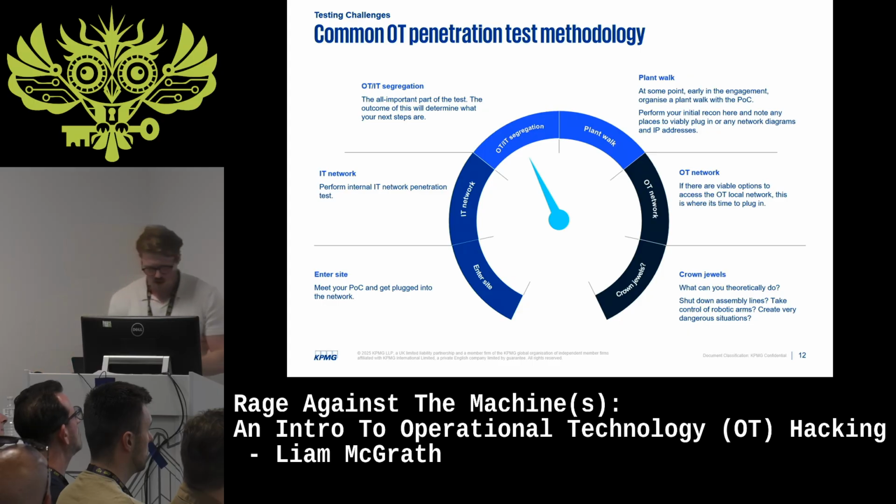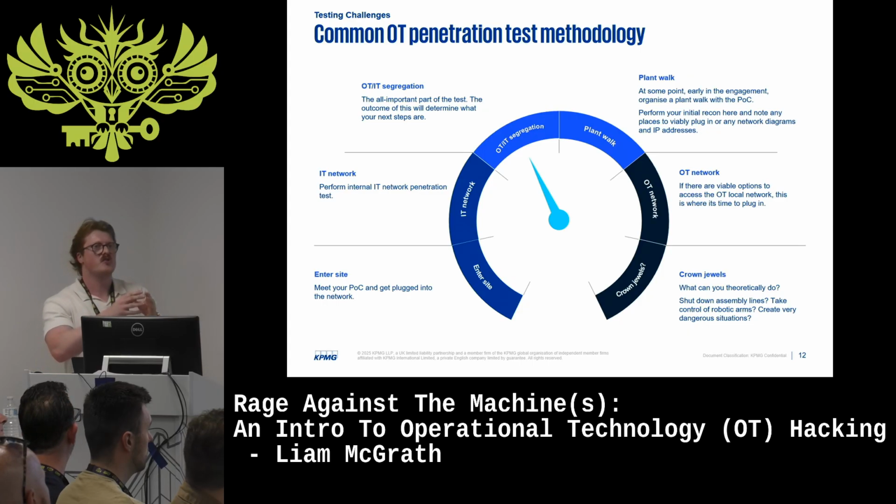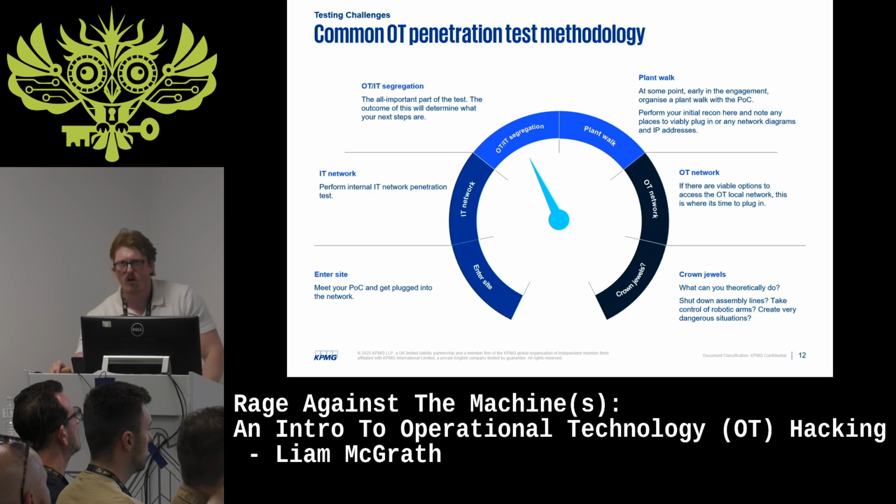Because if there's no logical or physical entrance or way into that local network, then you might want to rethink actually plugging into that local OT network itself. But because we're pen testers, we're always going to find a way in, whatever it may be. And that's why we'll normally have a plant walk.